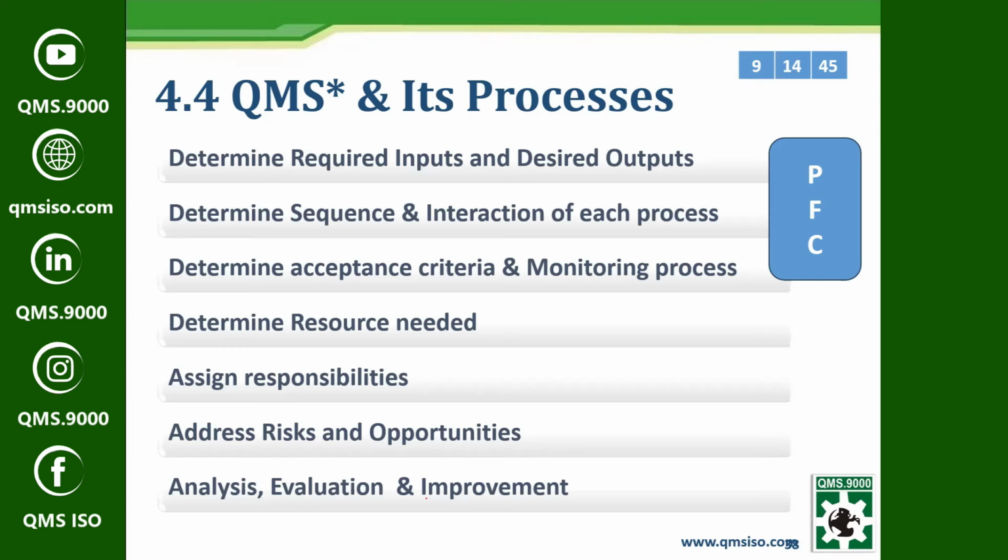That is simple, not a rocket science. You need to develop your process flow charts, determine the resources needed, assign responsibilities, address risks and opportunities, and evaluate, analyze, and improve the system. So that is the requirement of 4.4.